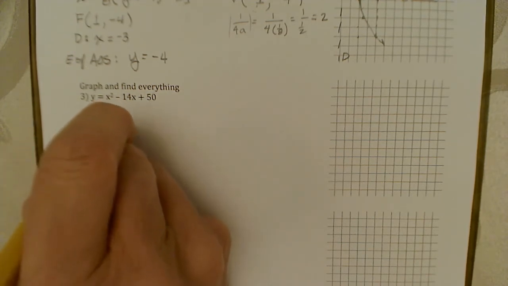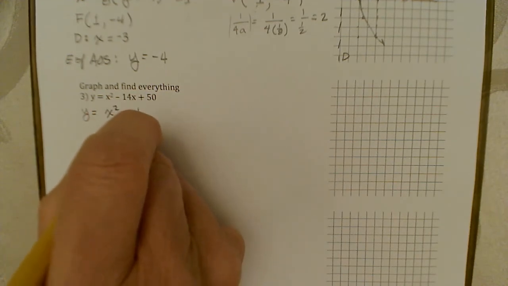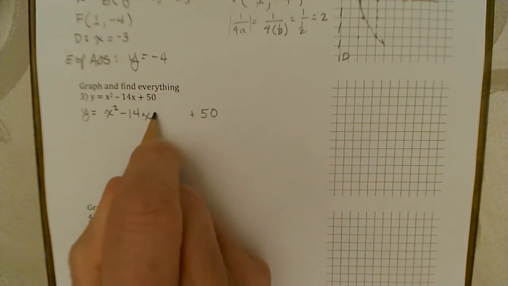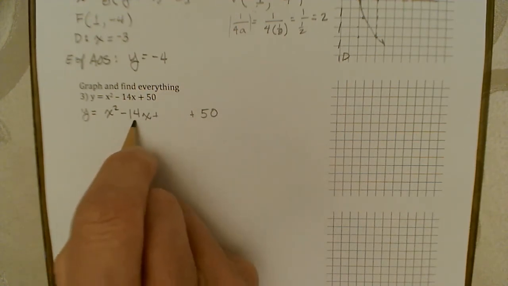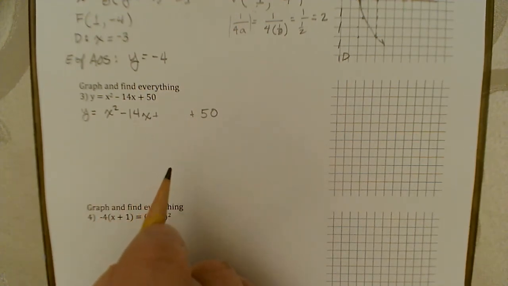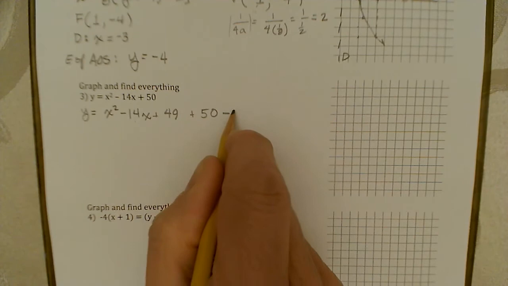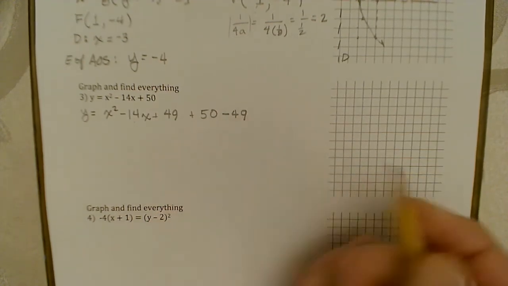We have x squared minus 14x. I'm going to move the 50 over, and I'm going to add then half of 14 squared, which is 7 squared, or 49, and then I will subtract 49 out here.